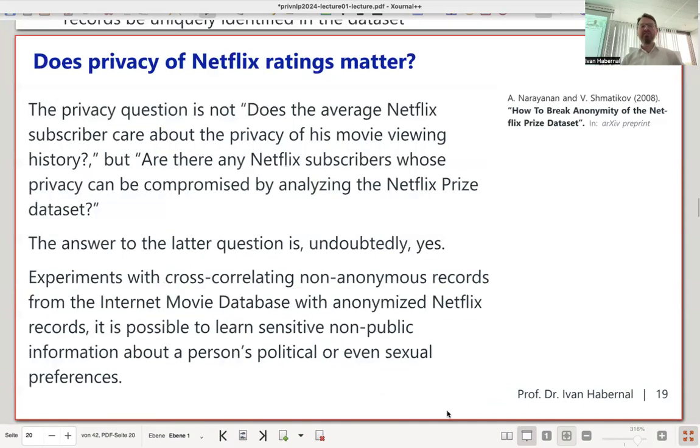Now you might be asking, does the privacy of Netflix ratings matter? You might say, I don't care, I'm just watching what is cool now. What are people watching on Netflix these days? I used to watch Game of Thrones, so nobody cares about it. What's the hot stuff on Netflix now? Stranger Things.